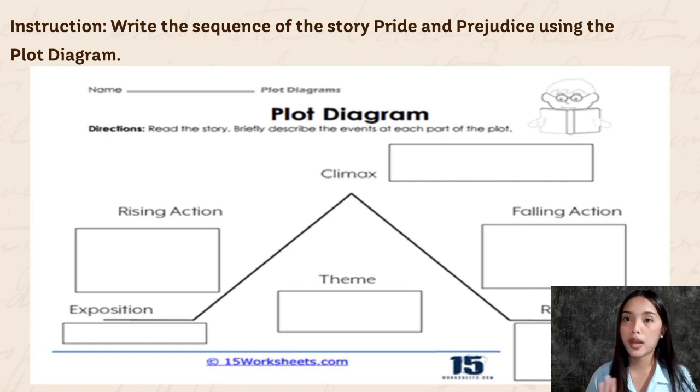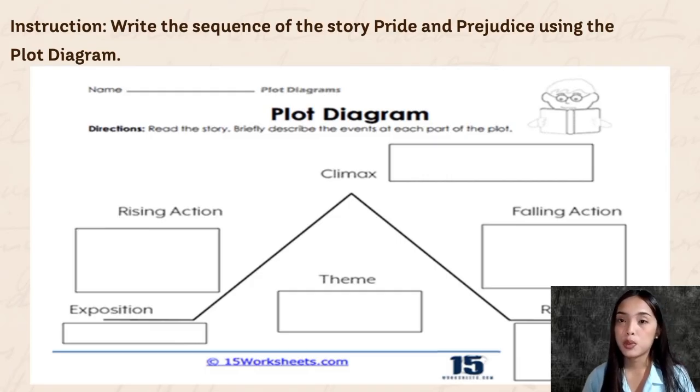In the rising action, this is where the problem starts. In the climax, this is the most intense or the most exciting part of the story. In the falling action, this is where the problem starts to resolve. The resolution is the ending, where the resolution of the problem happens, also called the denouement.